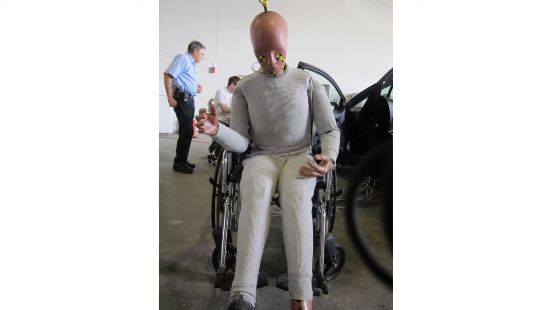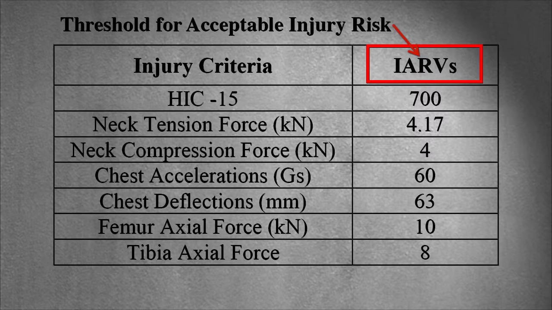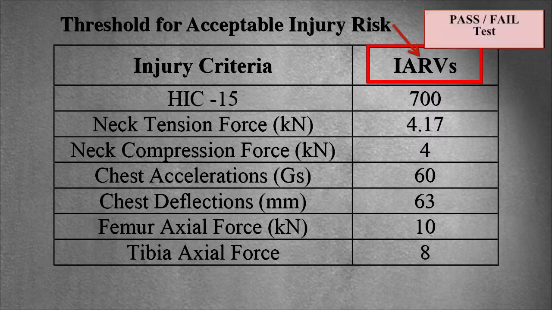The FMVSS and US NCAP testing procedures use the anthropomorphic test device, also called ATD, to evaluate occupant injury risk at body region levels. The injury probability measurements are then compared to injury assessment reference values, so-called IARVs, which represent thresholds for acceptable injury risk. These thresholds are used to define pass or fail criteria for a test.